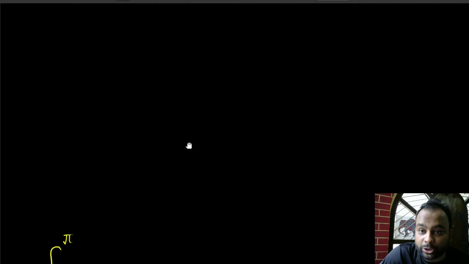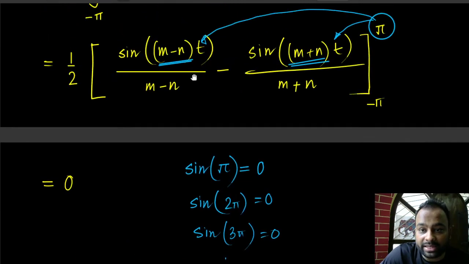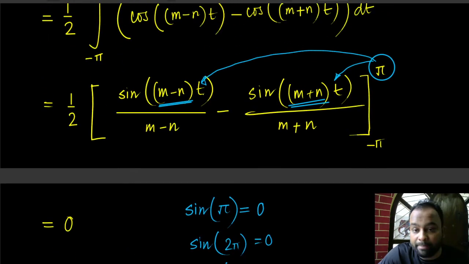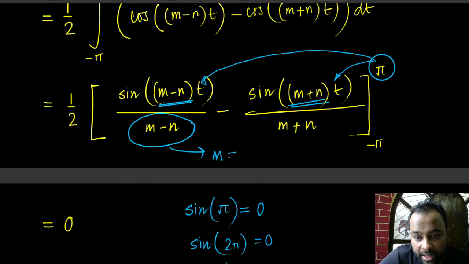We did assume something very important while doing this integration. We just blindly put the upper limits and lower limits, but we inherently assumed that m is not equal to n. Our inherent assumption while getting that 0 as the result of the integration was that m is not equal to n.